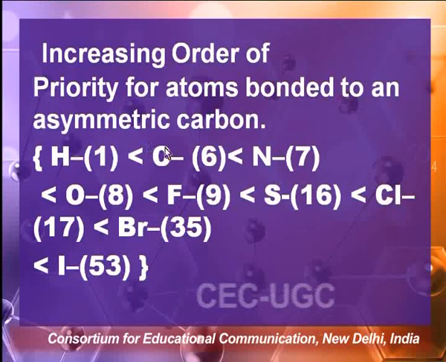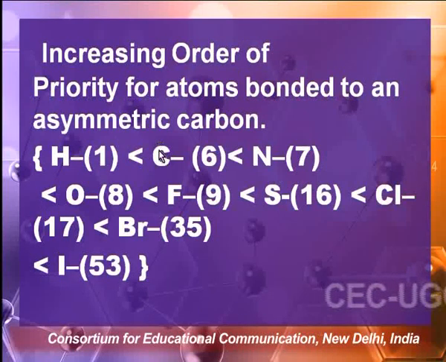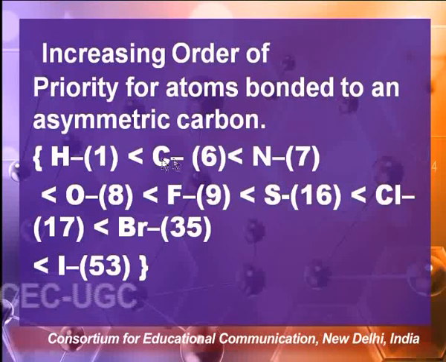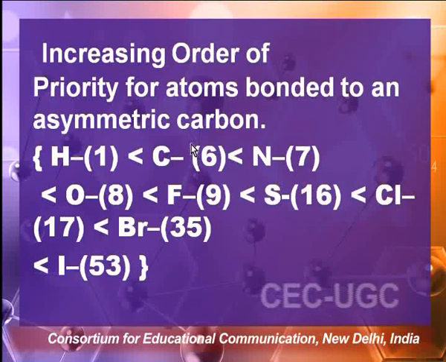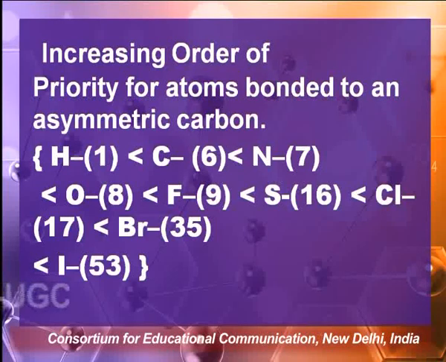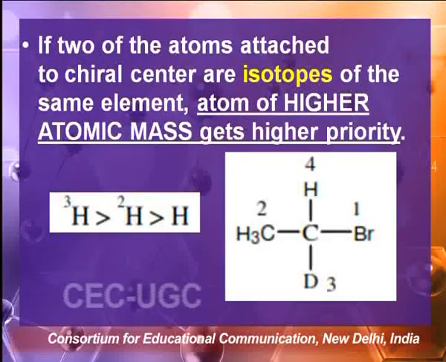So if the atoms directly attached to the chiral center are different, we can straight away give priority on the basis of atomic numbers, and the atoms having higher atomic number will be given higher priority.